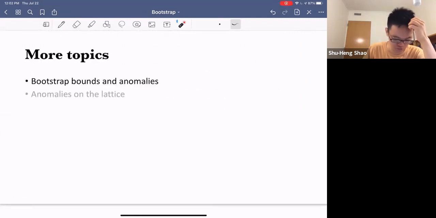There are bootstrap bounds on anomalies, and then there's a discussion of anomalies on the lattice. I keep them as if I have time, I can go over them, and if I don't, it's up to you. I can speed up next time.